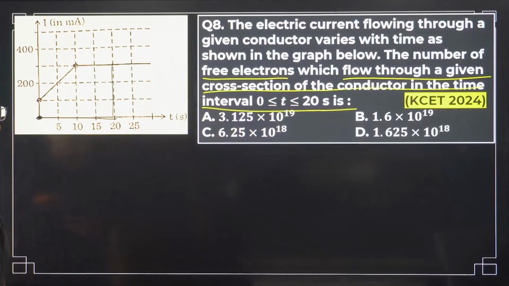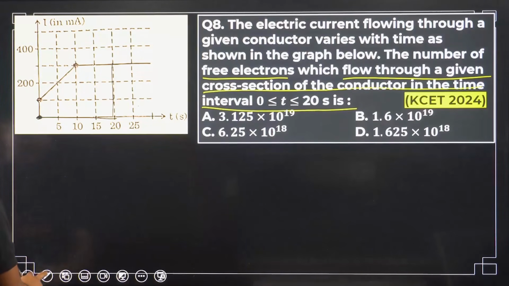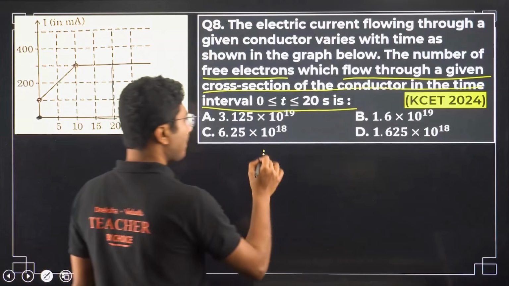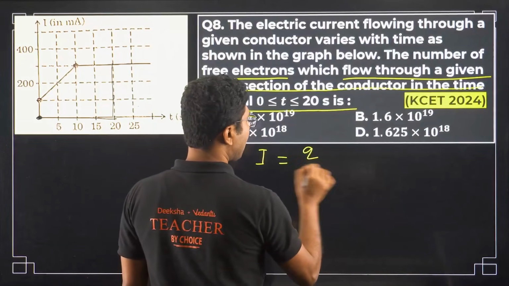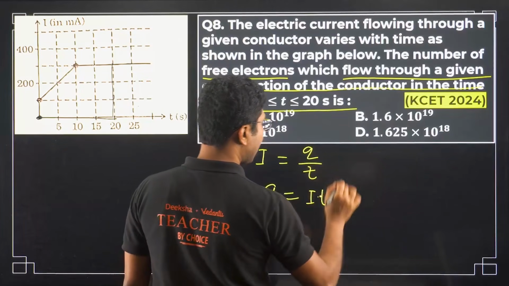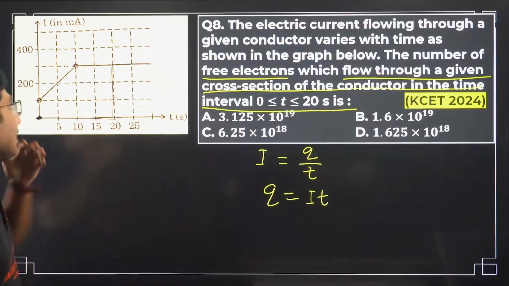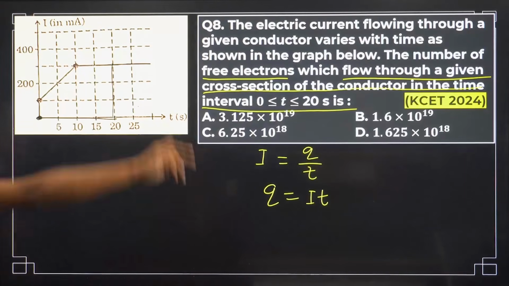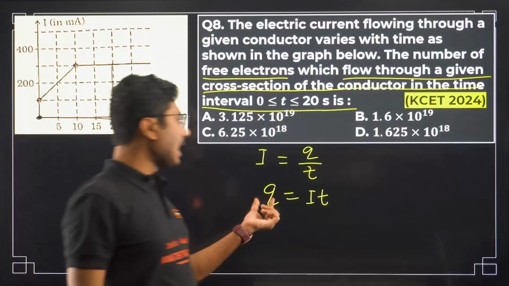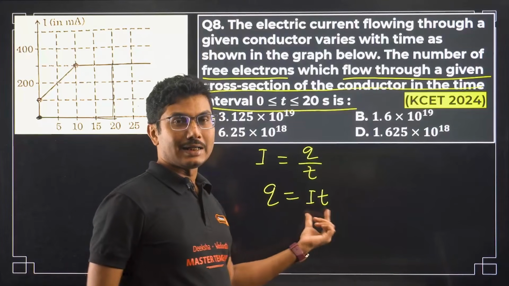So first we have to understand that current is given by charge by time. So charge is basically given by I into time. Now if you draw the I versus time graph, then charge will be the area under the graph.